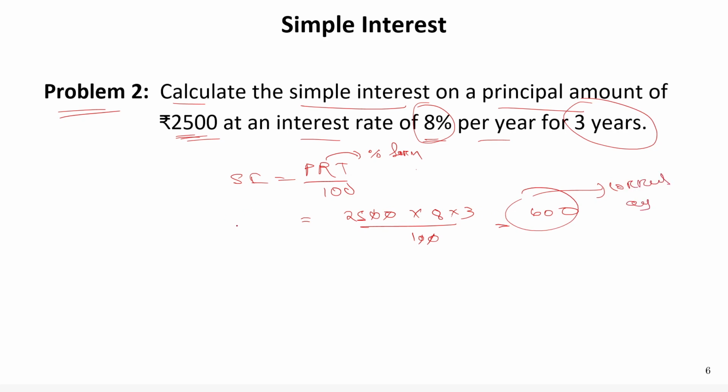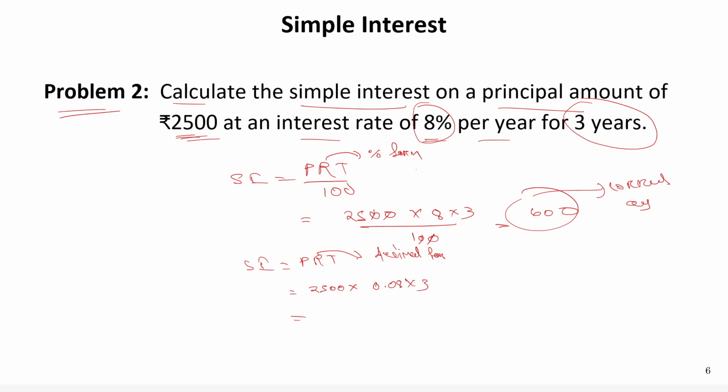Let's solve it using the second method, that is SI is equal to PRT. This formula is applicable when the rate is in decimal form. So P is equal to 2500 into R is equal to 0.08, and for 3 years, so T is equal to 3.